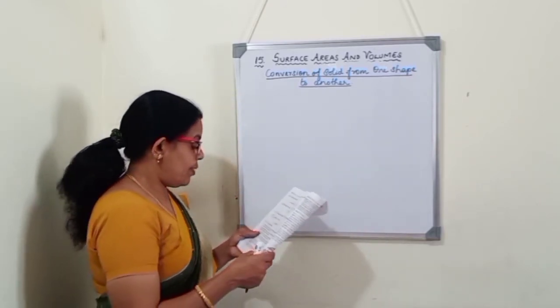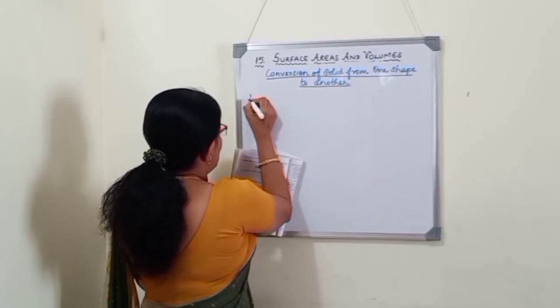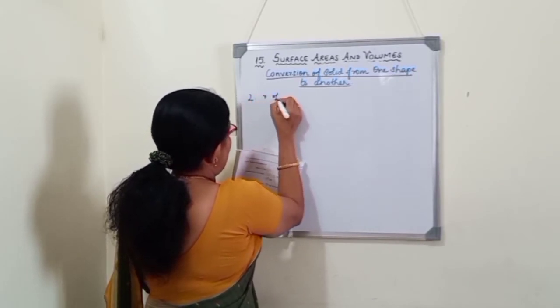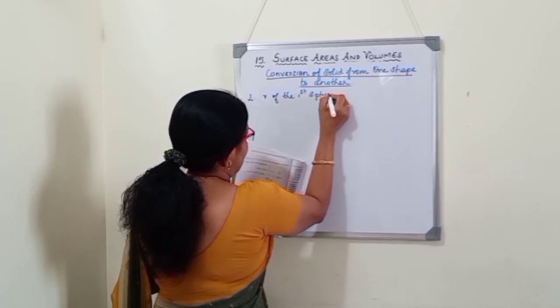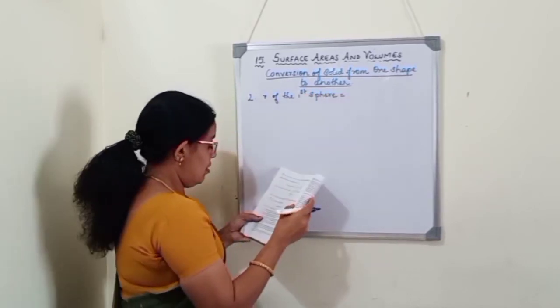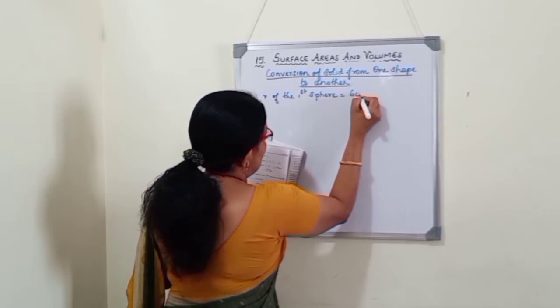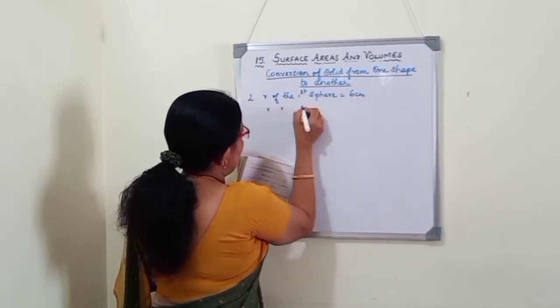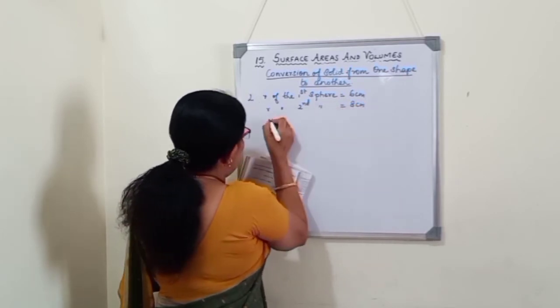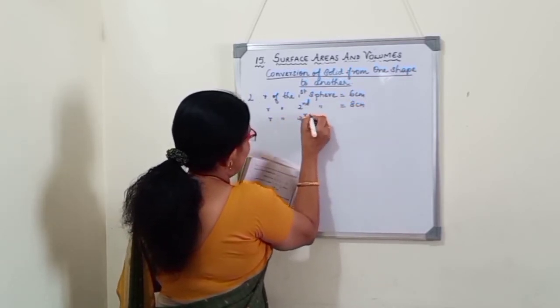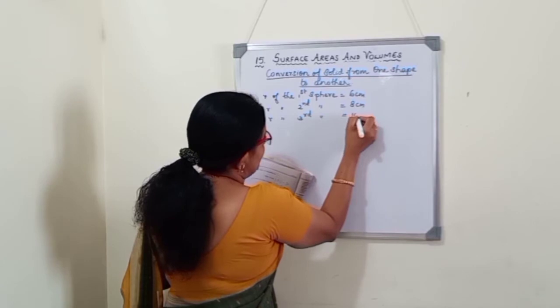So we will write the radius of the first sphere. It is 6 cm. Radius of the second sphere, 8 cm. Radius of the third sphere, 10 cm.